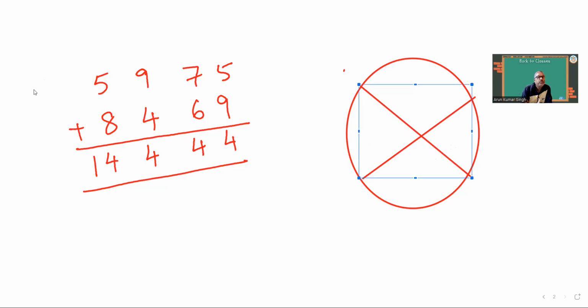Now 5 plus 9 is 14, 14 plus 7 is 21, plus 5 is 26. 26 means 2 plus 6, which is 8.